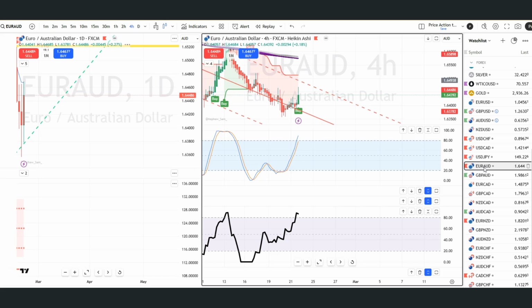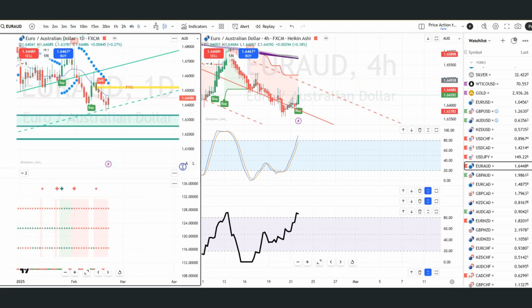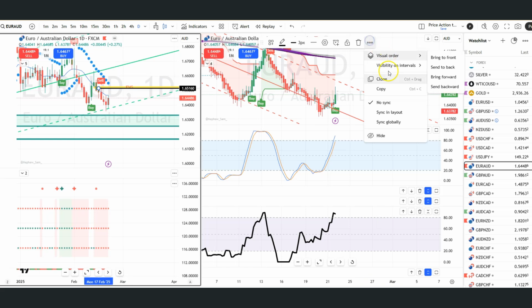Euro Aussie is also, let's get rid of that. Now this is the Euro Aussie. Now we have an FEG here at 165.20. So let's draw that in. Let's sync it.